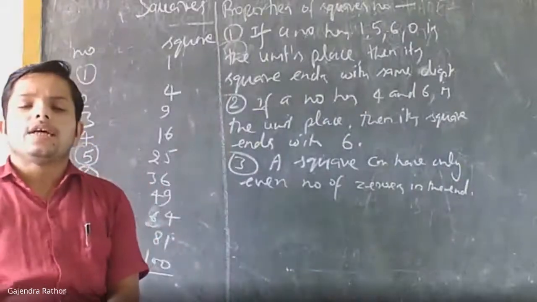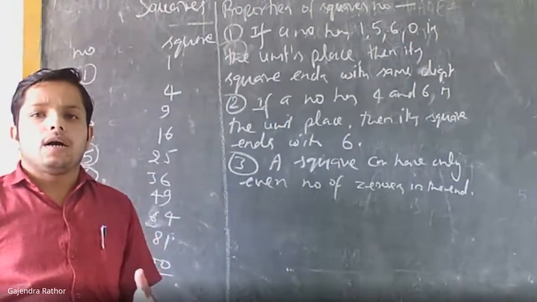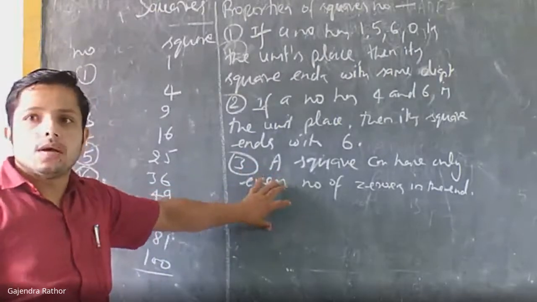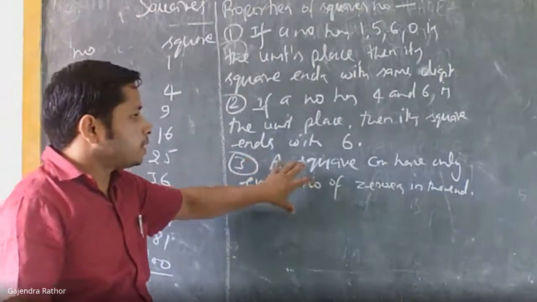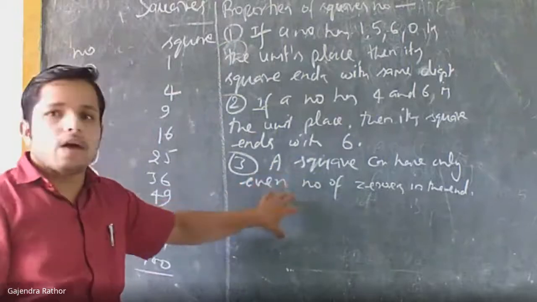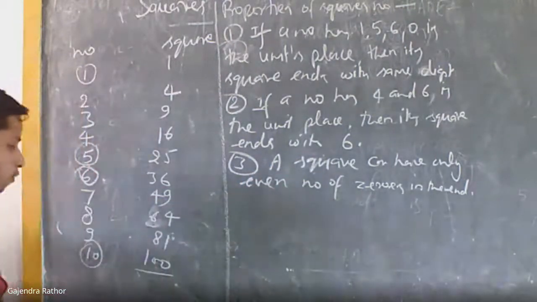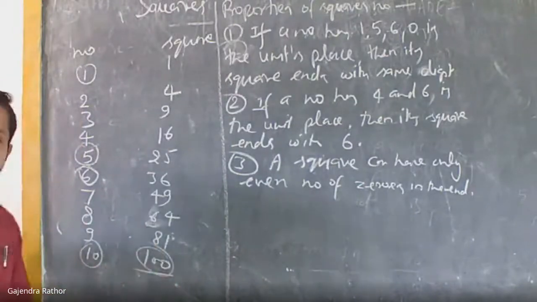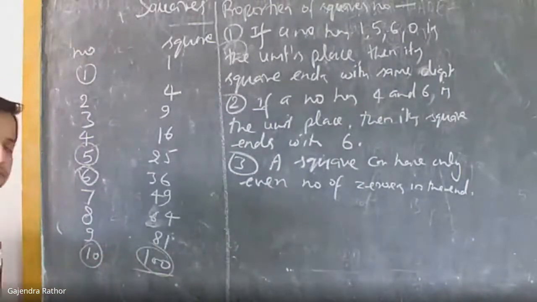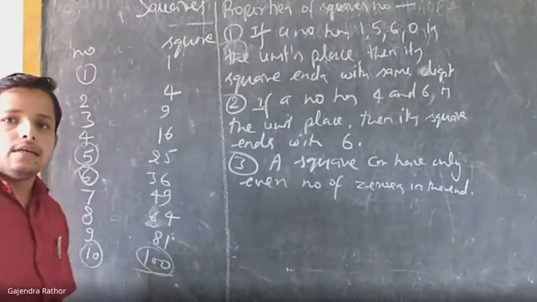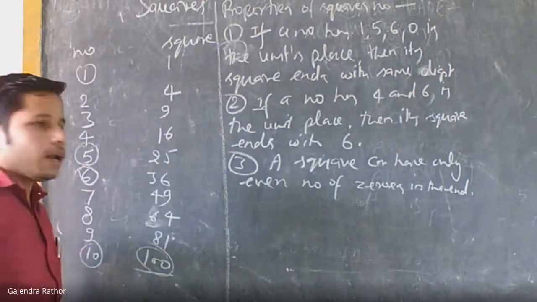So if there is a square number having zeros, it can have only an even number of zeros in the end. For example, this is 100. The number of zeros is 2, so that's why this is a square number.